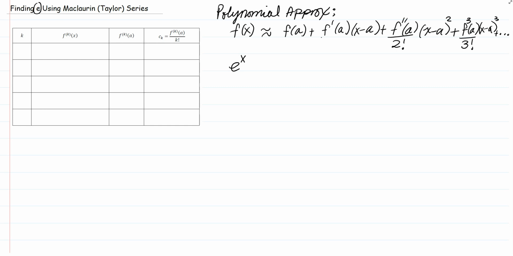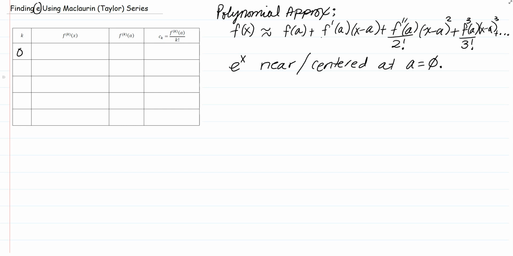And here I want to be doing that near, or centered at, a equal to 0. Okay, so we would go ahead and use this table here to guide us and figure this out.